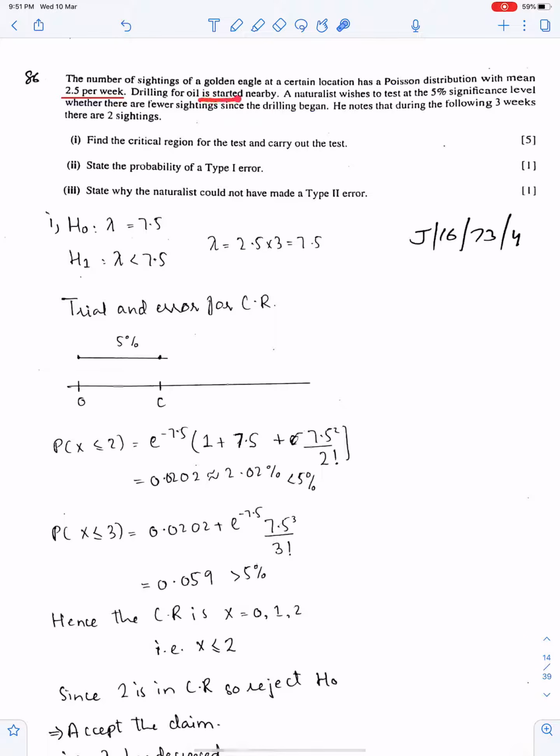Drilling for oil is started nearby. A naturalist wishes to test at the 5% significance. This is the alpha. Whether there are fewer means the H1 involves a lesser sign. He notes that during the following 3 weeks, this means the test value, X.